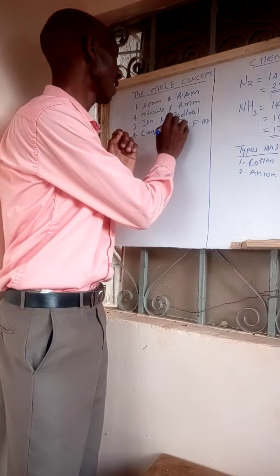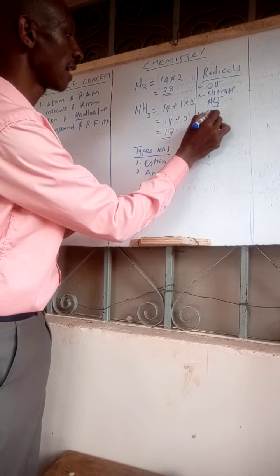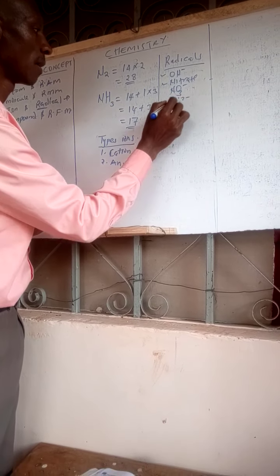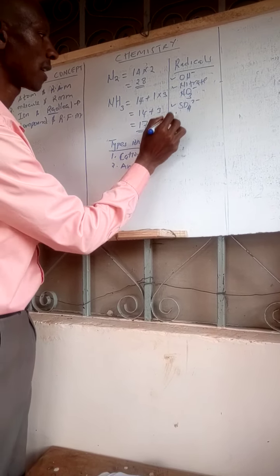On to the examples of radicals. The first example, we have hydroxyl ion. It is written that way. The second example of radical, we have nitrate, and the formula for nitrate is written like that. And we have sulfate, that is another one. We have sulfite.